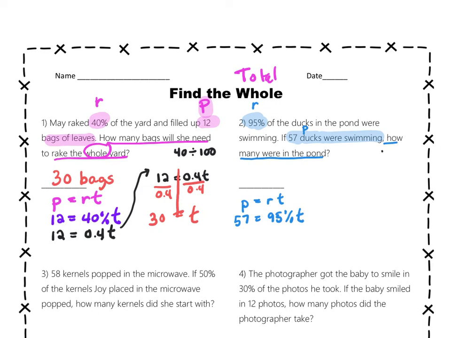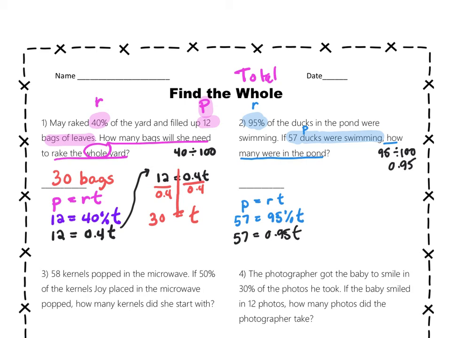Next, I usually do my figure work off to the side because it's not part of my equation. I just need to convert this percentage to a decimal. So this now becomes 57 equals 0.95 T.